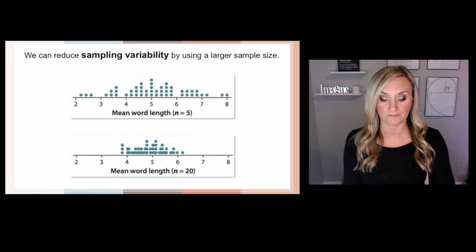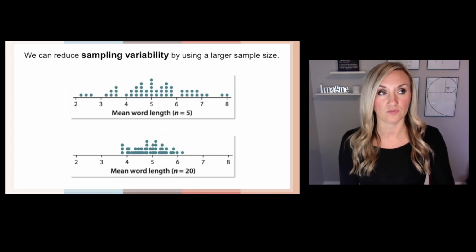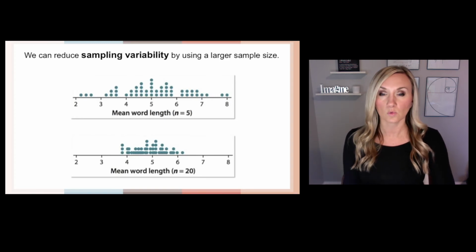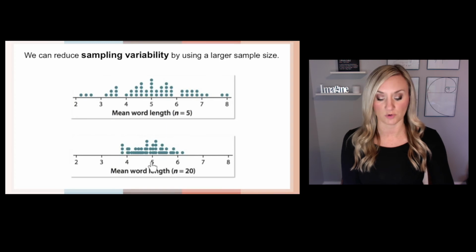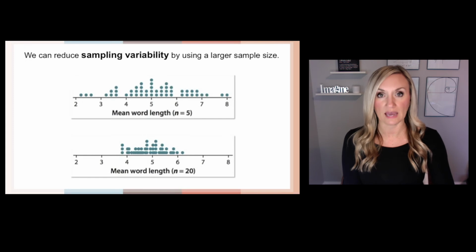The difference is that with a larger sample size, 20 instead of 5, it is definitely going to reduce the variability. Now, if we found the mean word length of every single word in the Gettysburg Address, that would give us just one number. But this tells you that it's getting closer to the true average we would have with a census.